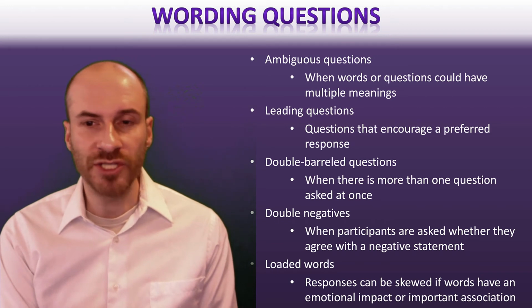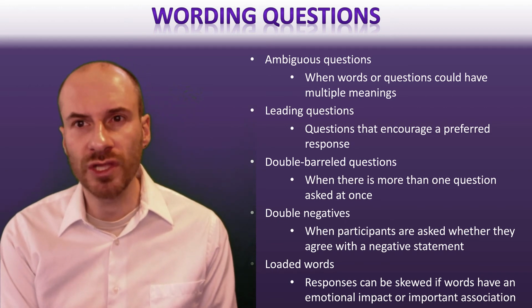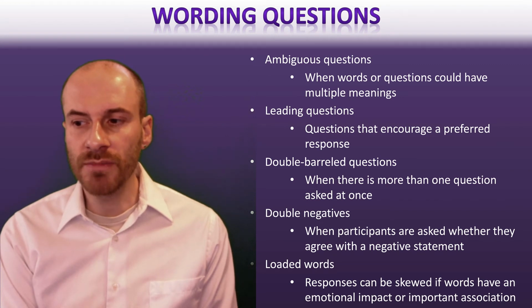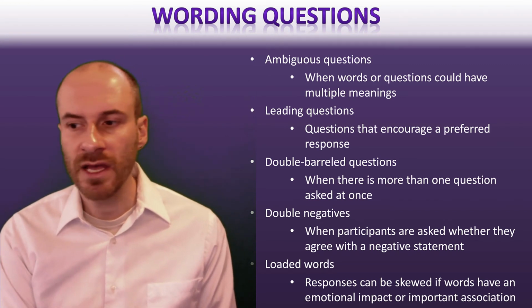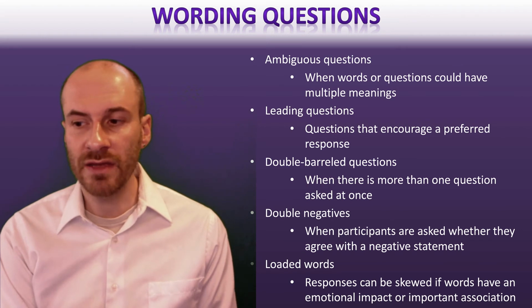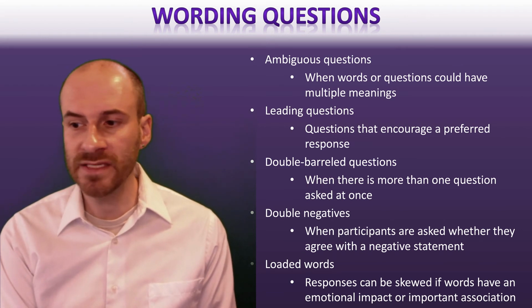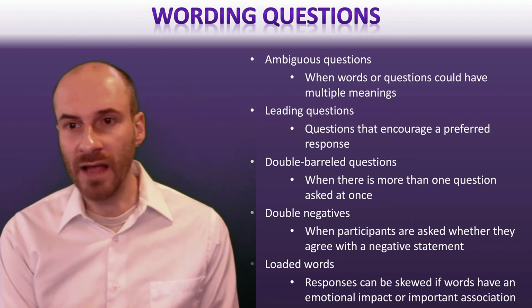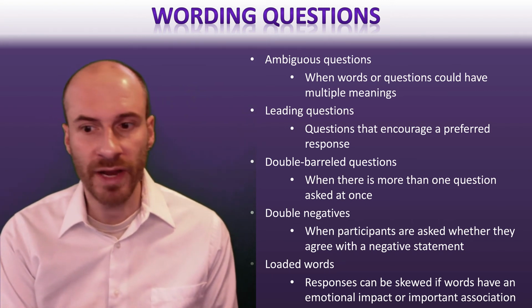Another type of question is a loaded question, or using loaded words or concepts, all right? So if I ask a question like, some nurses feel like calling a code makes them a failure as a nurse, right? How often have you called a code, right?